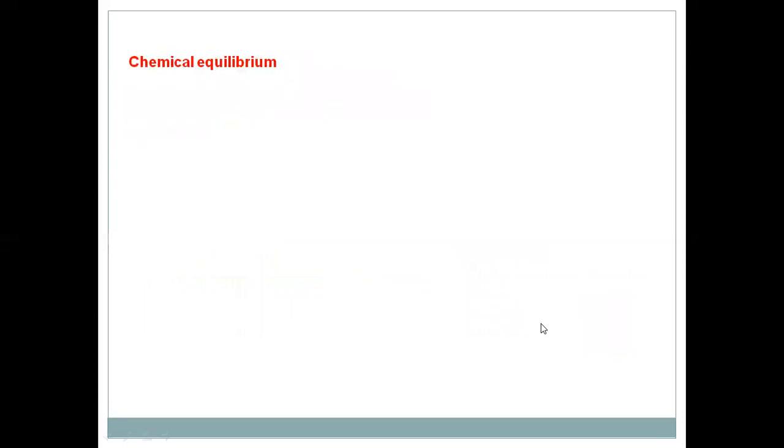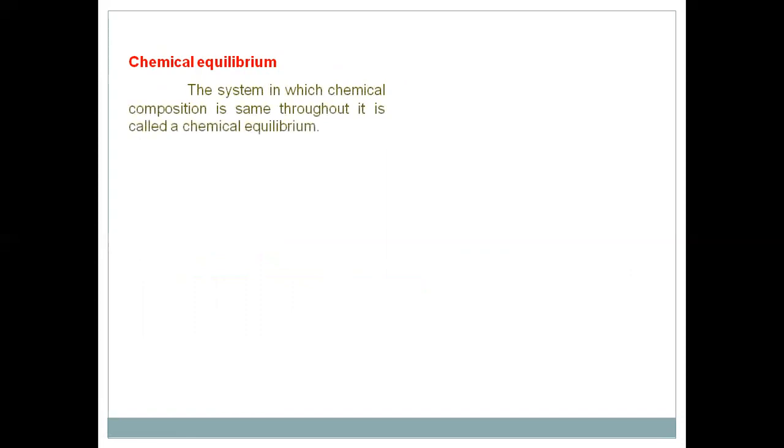What is chemical equilibrium? Chemical equilibrium is about the concentration of molecules, or molecular density. A system in which the chemical composition is the same throughout the system is in chemical equilibrium.